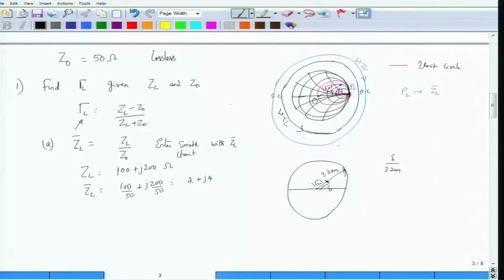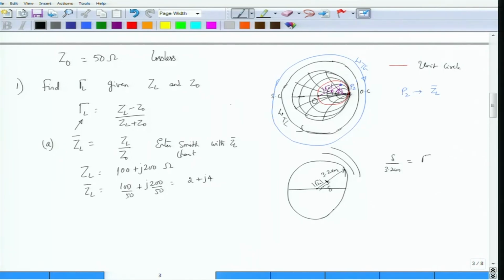Please note that on the Smith chart there are two outer circles, one is the WTG scale and the other is the WTL scale. We are not talking about those circles; we are talking about the Smith chart R equal to 0 circle. Don't worry about those additional perimeter scales. Once you get delta, normalize it with respect to 3.2 centimeters.